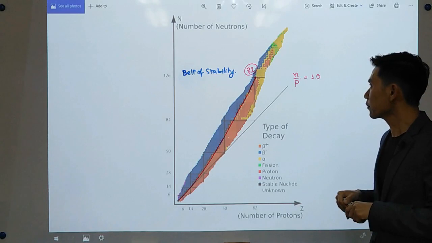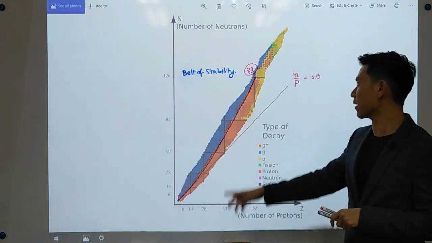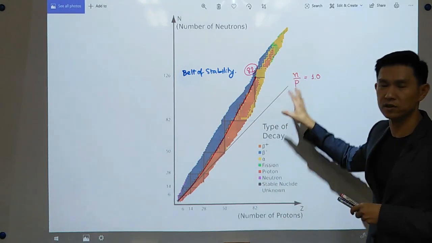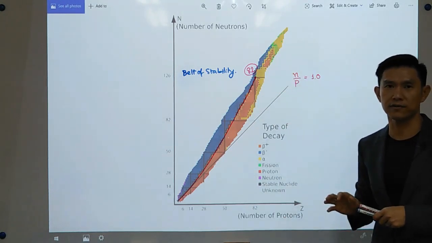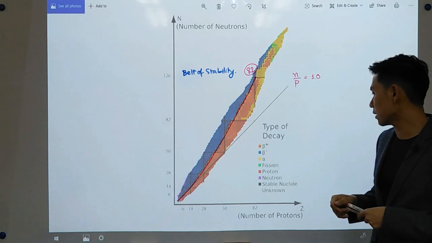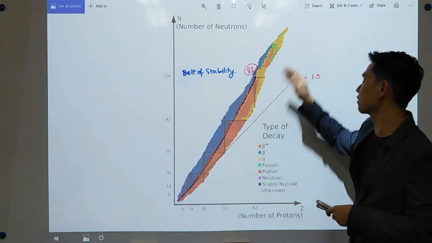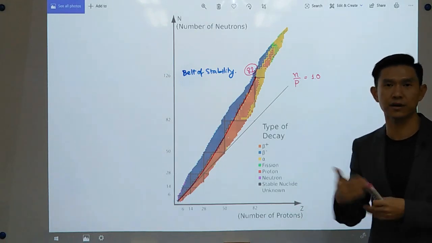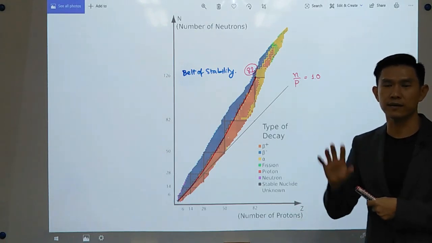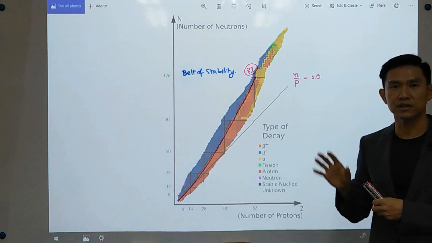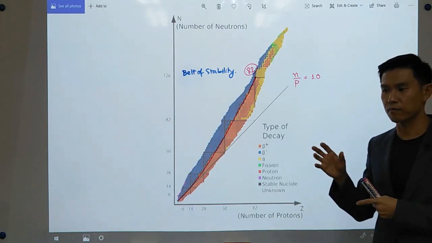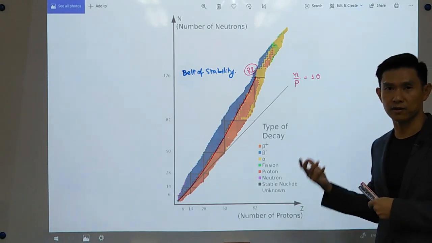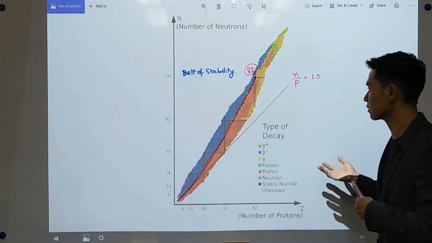Okay, so stable isotopes can be found up to 82. More than that, protons are too many and nothing can survive. Okay, in nature, the biggest elements that can be found are about 92, 93, uranium, neptunium, around that. That is the highest number of protons found in nature. Higher than that, we cannot find them, so we have to synthesize them.